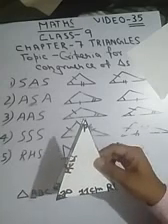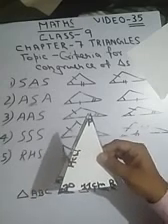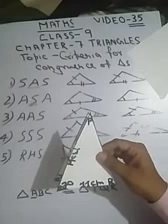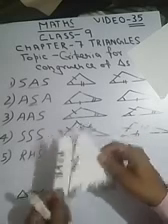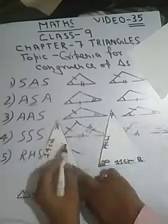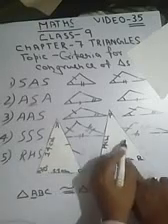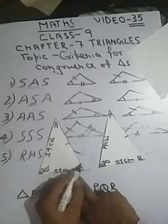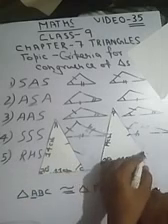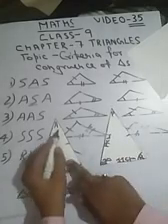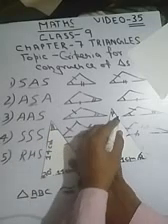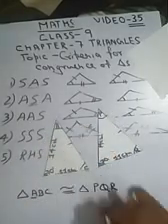If two triangles are congruent, then their corresponding angles should be the same and corresponding sides should be the same. Means this side is equal to this side, and this angle is equal to this angle, and this angle becomes equal to this angle. So we have only taken this SAS criteria.